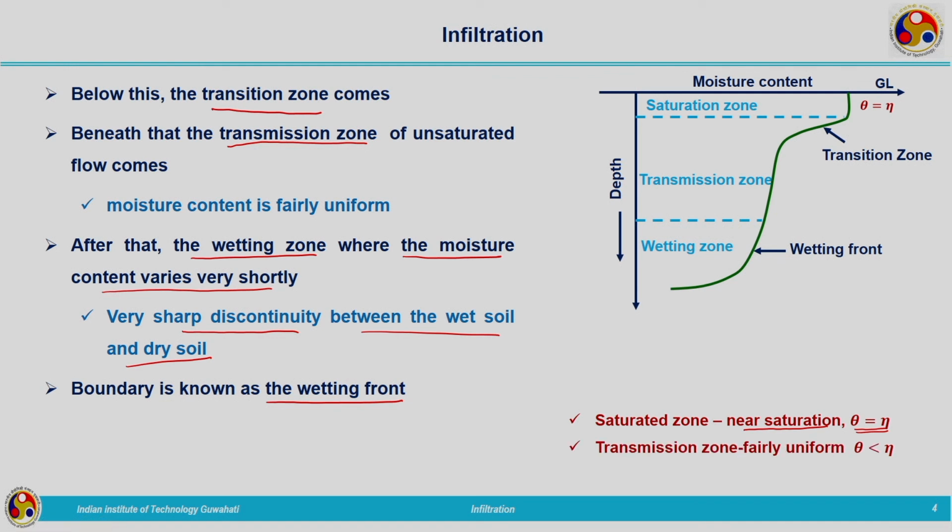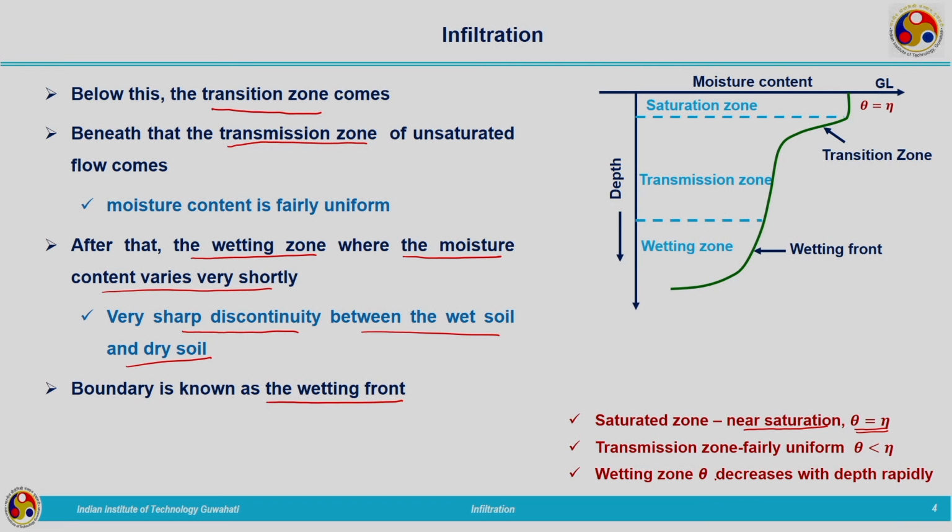Then, the transmission zone, not the transition zone, which is a very temporary region, is present beneath. Within the transmission zone, even though theta is less than eta, it is more or less uniform, and in the wetting zone theta decreases with depth rapidly.